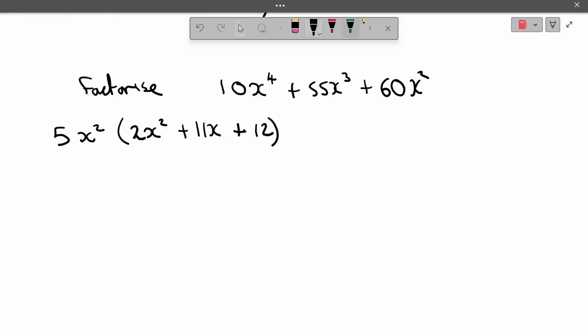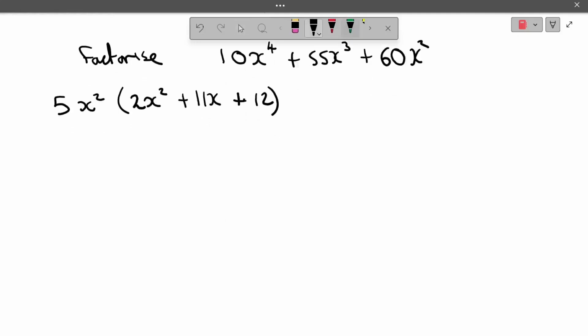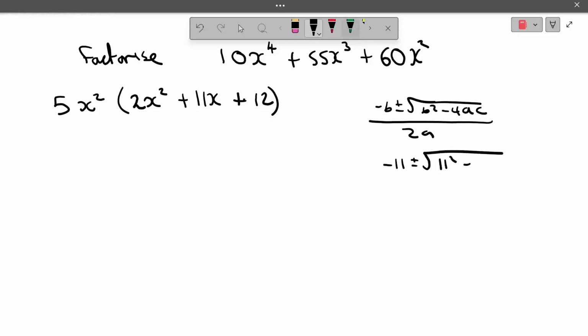I then end up having to factorize this second bit. So we have our minus b plus or minus the square root of b squared minus 4ac all over 2a, which is minus 11 plus and minus the square root of 11 squared minus 4 times a, which is 2, times c, which is 12, all over 2 times 2.